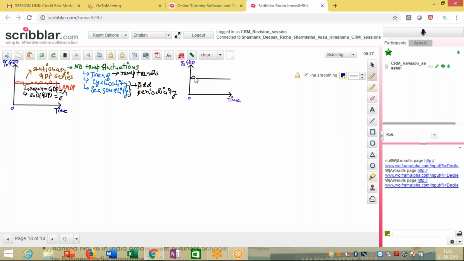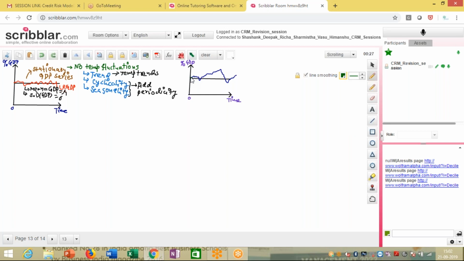So this is how your time series behaves. Let's say there is a trend which comes in and that impacts the GDP. It starts going up and then gradually again it comes down. Then it goes on like this. Now observe that if I ever wanted to capture this with a single line trend, how would I do it?